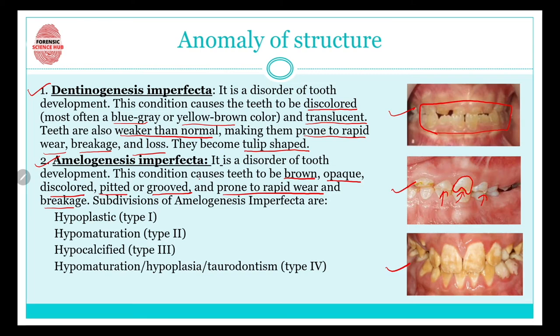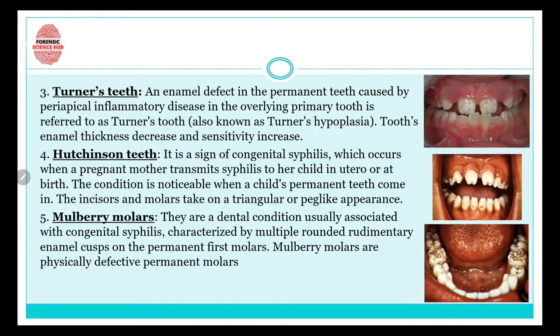They are also weak. There are certain subdivisions of amelogenesis imperfecta. Type 1 is hypoplastic, type 2 is hypomaturation, type 3 is hypocalcified, and type 4 is hypomaturation or hypoplasia or taurodontism.